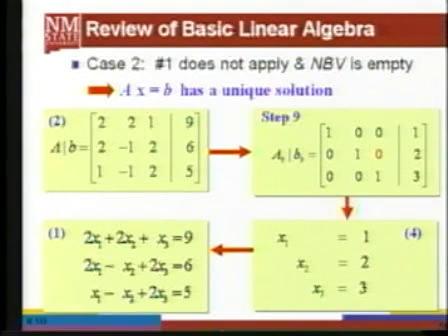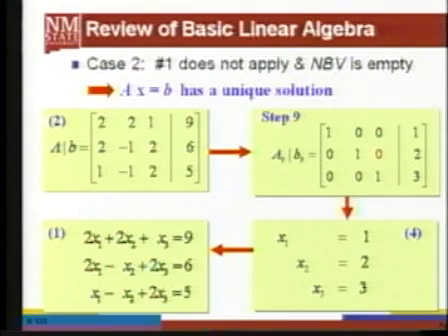What about the second case? This is the case where case number 1 does not apply, and the set of non-basic variables is empty. But the linear system will have a unique solution. To illustrate this, we recall the first example, which was covered earlier today.